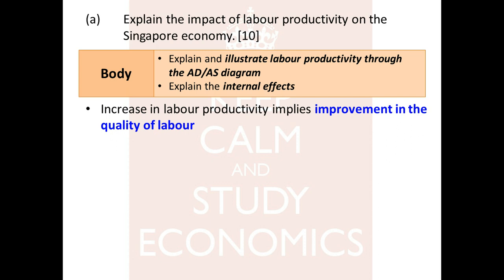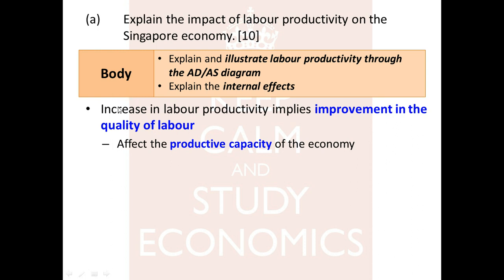It means that the quality of labor is better. Okay, now if you recall, labor is one of the 4 factors of production. And if you have an improvement in the quality of a factor of production, it would increase your productive capacity in the economy.